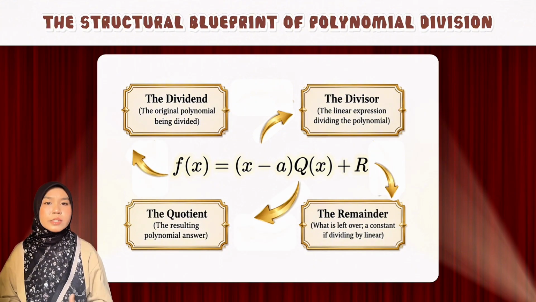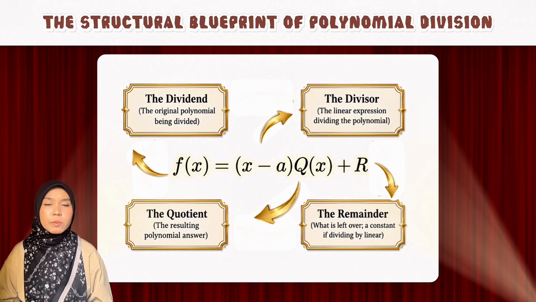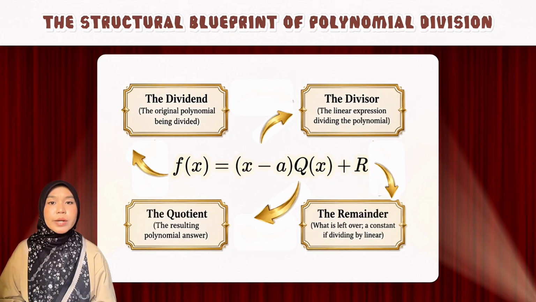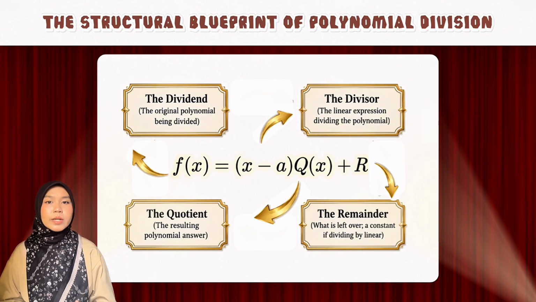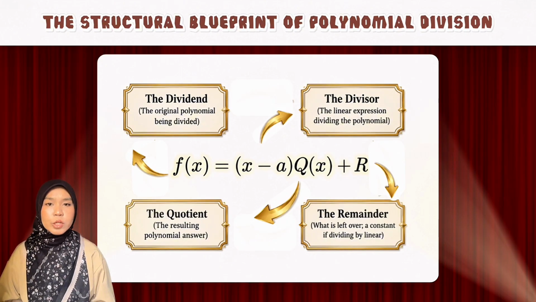Now, let's look at the structural blueprint of polynomial division. Whenever a polynomial is divided by another polynomial, we obtain four parts. The first one is the dividend, the original polynomial being divided. The divisor, the linear expression dividing the polynomial. The third one is the quotient, the resulting polynomial answer.